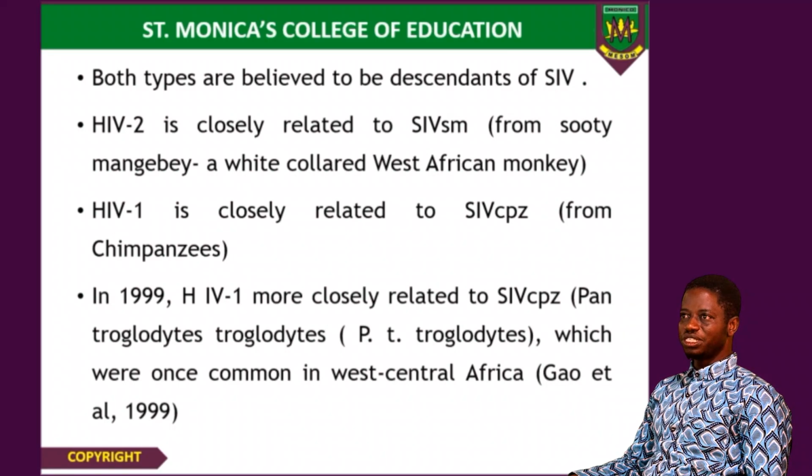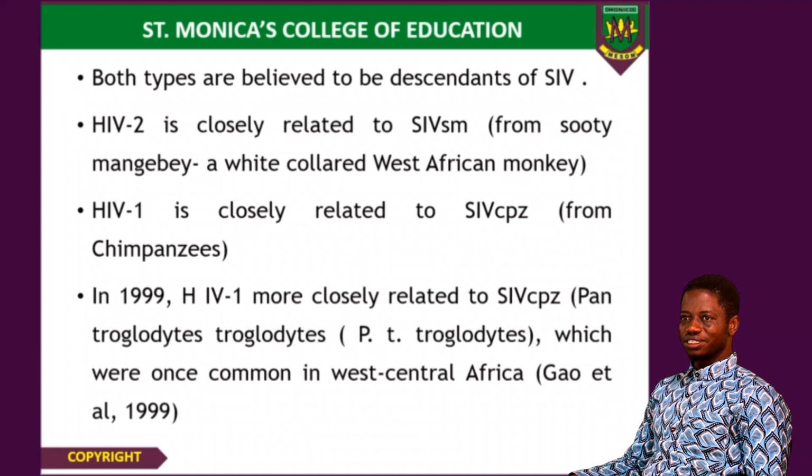And when we talk of Simian immunodeficiency virus, it is a condition found in animals, especially chimpanzees and monkeys. When it is found in chimpanzees and monkeys, they live normally with it, but when it entered or infected men, then it developed into what we call HIV.